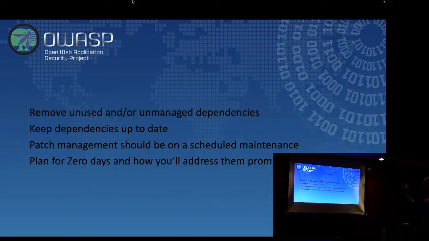Remove unused, unmanaged dependencies. Lower the amount of work you have to do. Why are you patching or updating something you don't even use? Get rid of it. Keep dependencies up to date, so try to put that on some kind of scheduled maintenance. It doesn't have to be every day, but definitely on the zero days, you probably want to patch those as soon as you can.